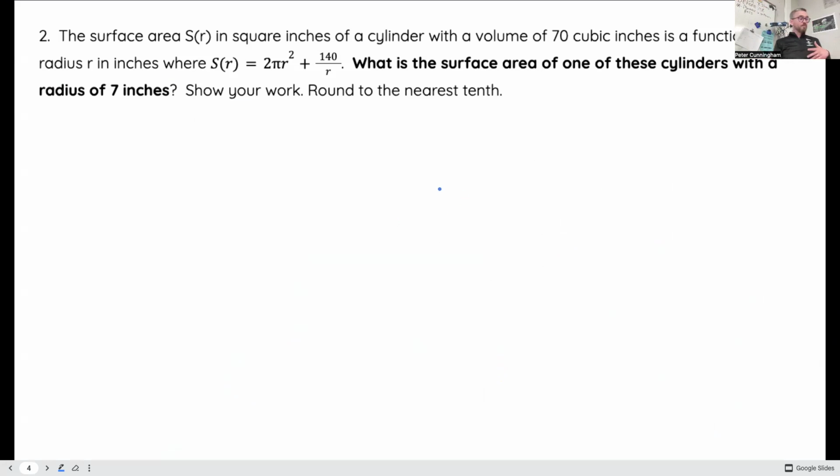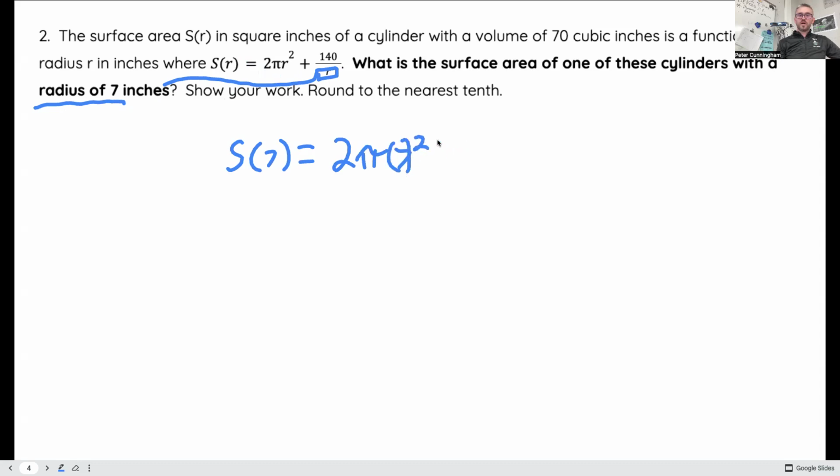Okay, so again, a pretty tough problem. Surface area, square inches of a cylinder, 70 cubic inches, all this stuff about how to figure out this surface area. It gives you the radius. Again, that's just asking you to plug in a value for a radius and do the math. So you've got a radius of 7. 2 pi 7 squared plus, these are just numbers.